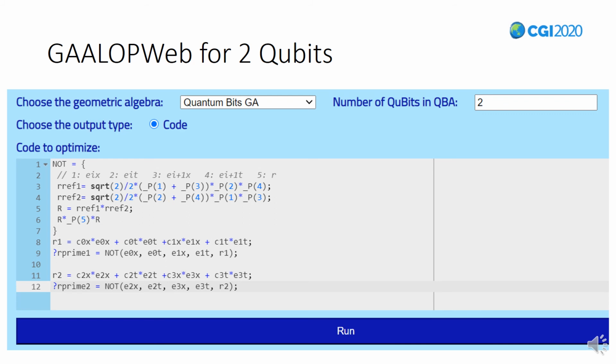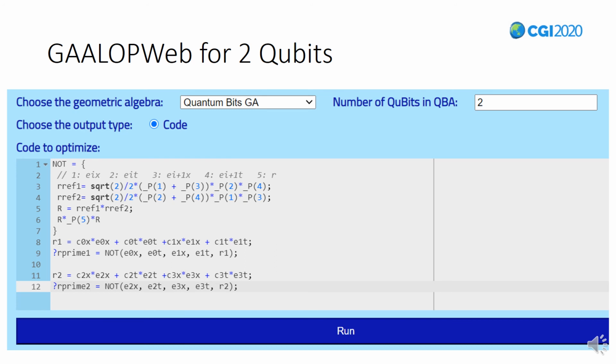This is a screen for Gallop for 2 qubits. What we can see is that the number of qubits now is set to 2, and we again use the NOT operation as an example for that. And since we now have 2 qubits, the NOT operation has to be applied on both qubits.